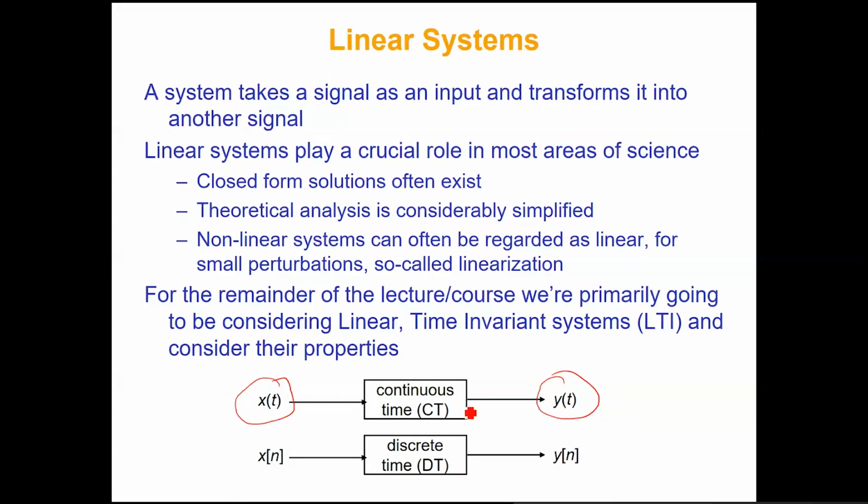So that means we are talking about a continuous time system. And similarly, if we have x of n as an input and the output becomes y of n, we are talking about discrete time signals. That means the system we are referring to is a discrete time system. Otherwise, both of them are represented by a square box with an arrow coming in and an arrow going out. So this representation we covered in the introduction also. So some very basic things.